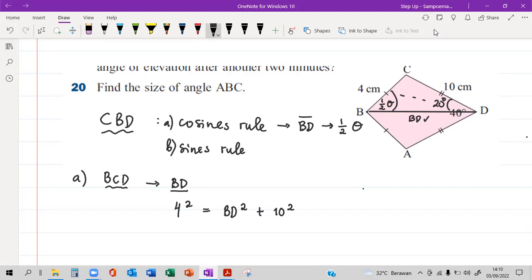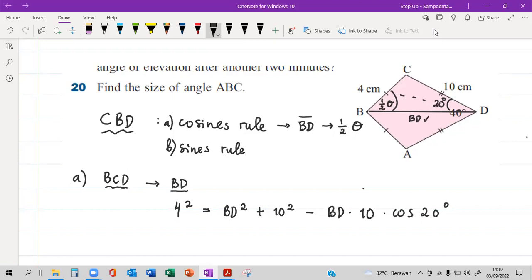Why is it not yet finished? Because I have this BC squared, which is 4 squared equals BD squared plus 10 squared minus BD times 10 times cosines 20 degree.